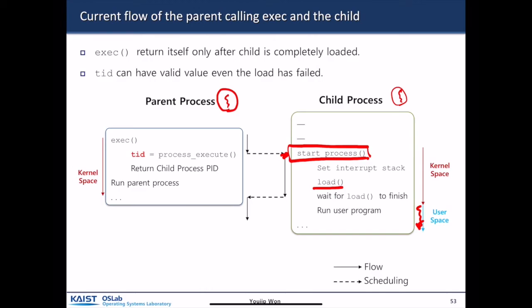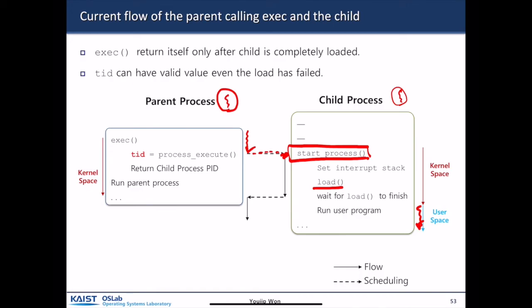If you look at the control flow, the parent process continues executing, and then it calls process execute, and in process execute, it calls start process. In start process, at some point, a new thread is created, and the new thread continues execution, loads the file, and after it finishes loading the file, it calls semaphore up.